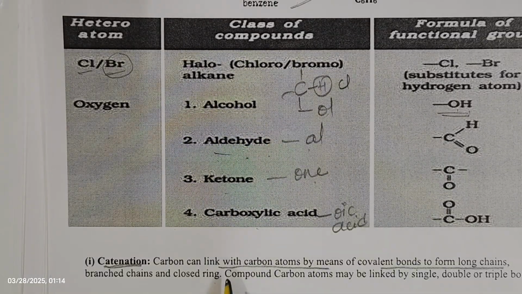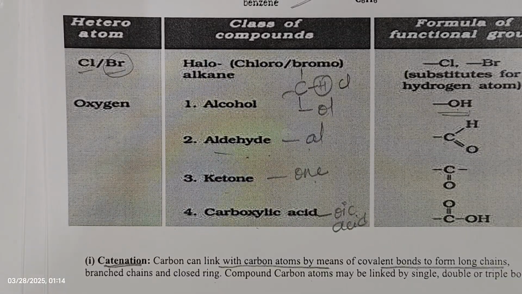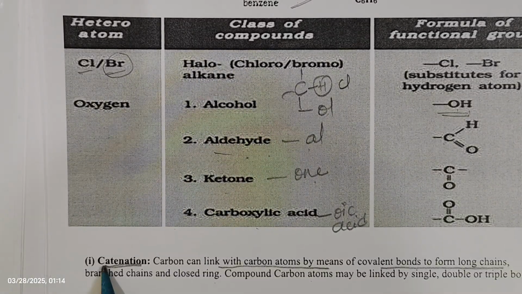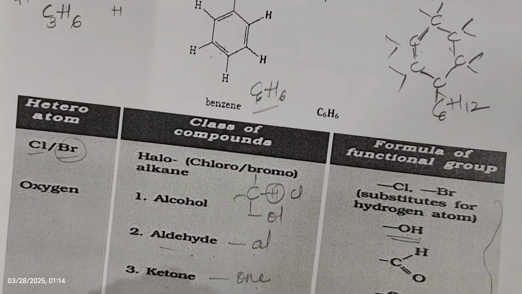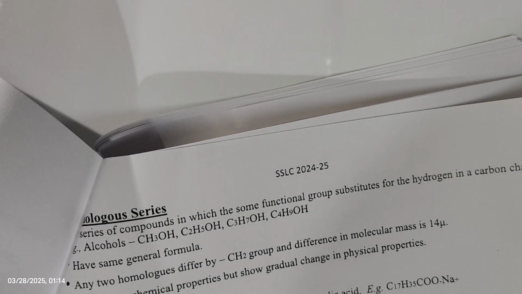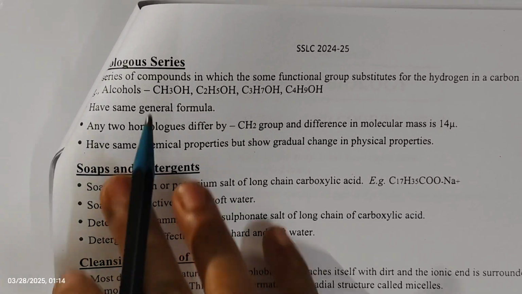This property of carbon compounds to link one another is called catenation. So linking of carbon is nothing but catenation.